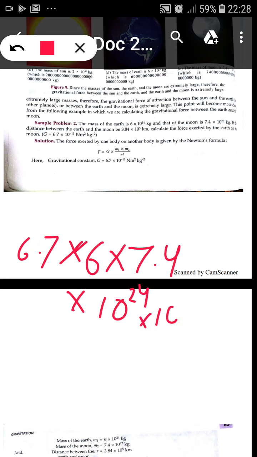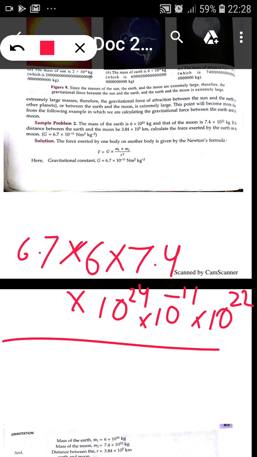Now m1 was 6 into 10 to the power 24 kg, and the next is 7.4 into 10 to the power 22. So what are the powers of ten left over here? That is 24, minus 11, and 22. So what will be the value? The values which are positive will be added together. So 24 plus 22 will be 46, and 46 minus 11 will be 35.